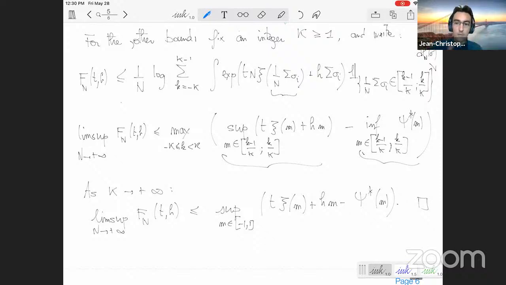I'm running short of time, but this is really the main result I wanted to present today. To summarize, we studied the standard Curie-Weiss model and then the generalized version of it. Using large deviations, we figured out the limit for the energy.